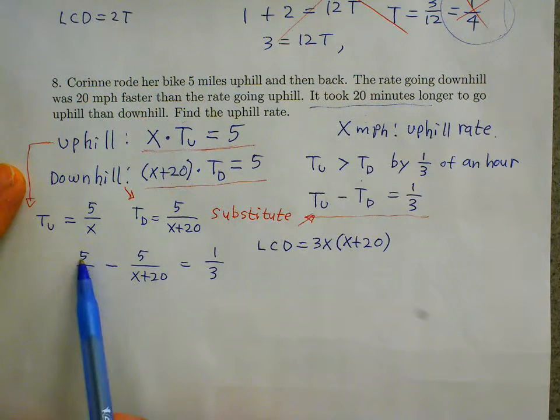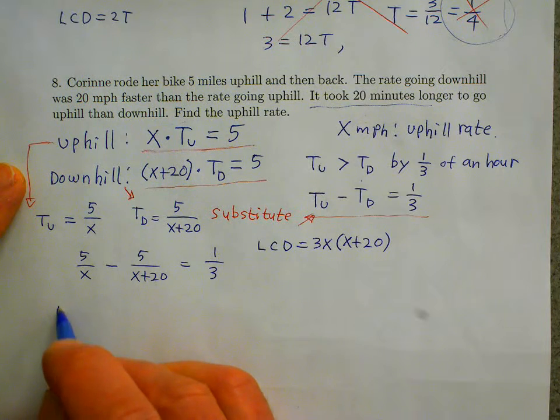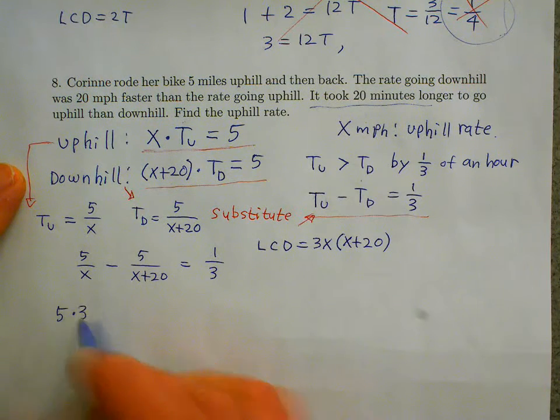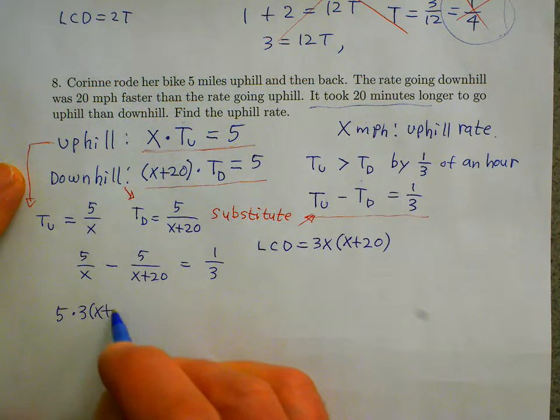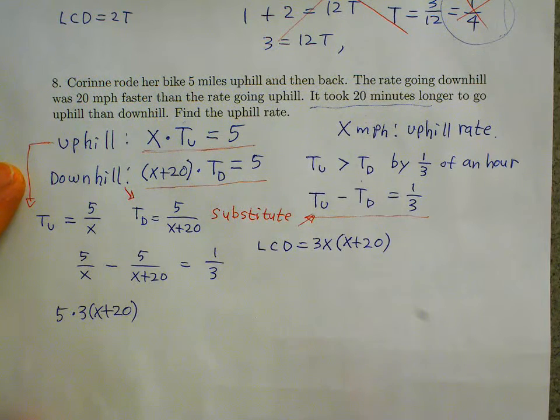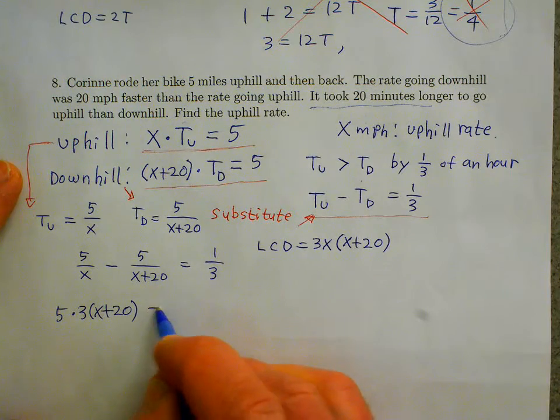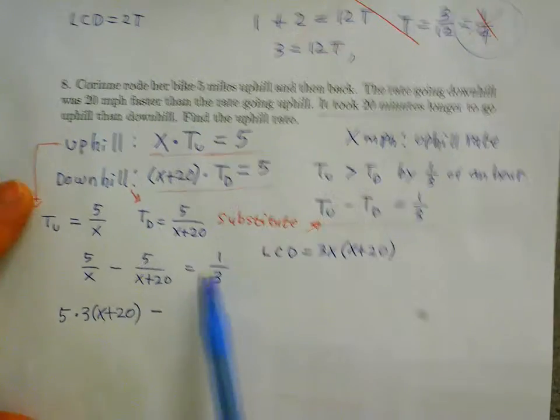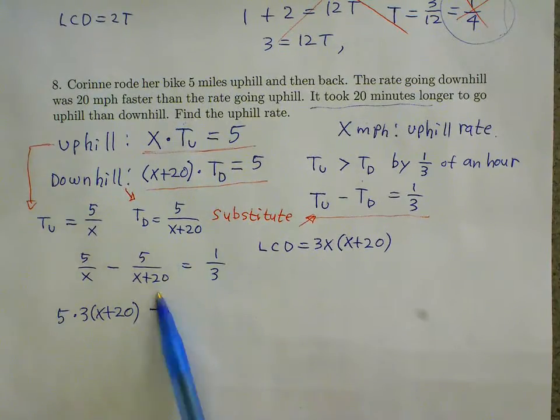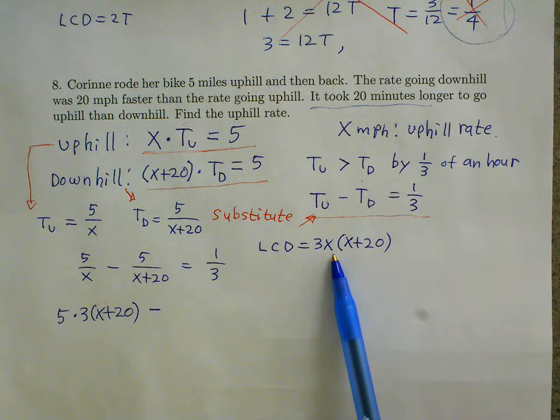And we'll be left with 5 times 3 times x plus 20. And then from that, we subtract 5 over x plus 20 times the least common denominator.